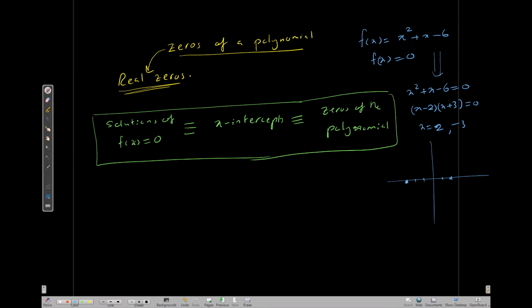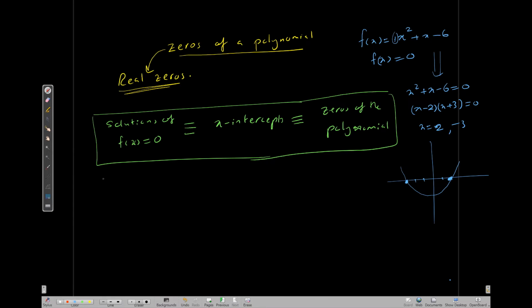These are our solutions. Because of the coefficient 1 here, it opens up, so roughly you will have a shape like this. In this case the zeros are 2 and -3, and they are the solutions of f of x equals 0 and also the x-intercepts, right? I think that's clear.